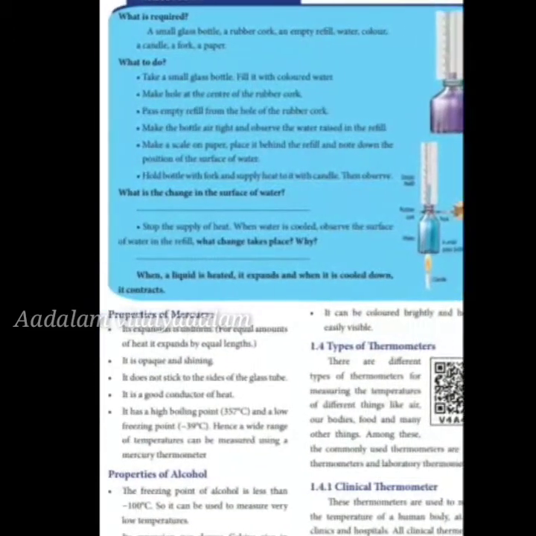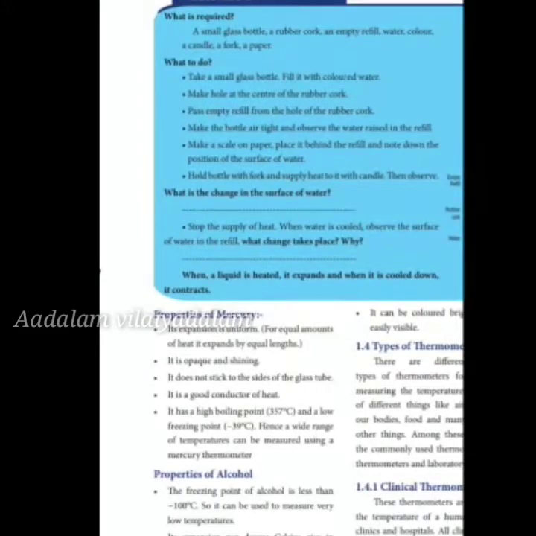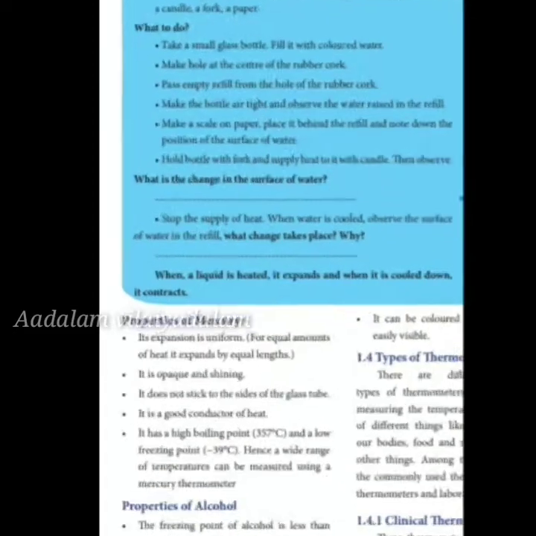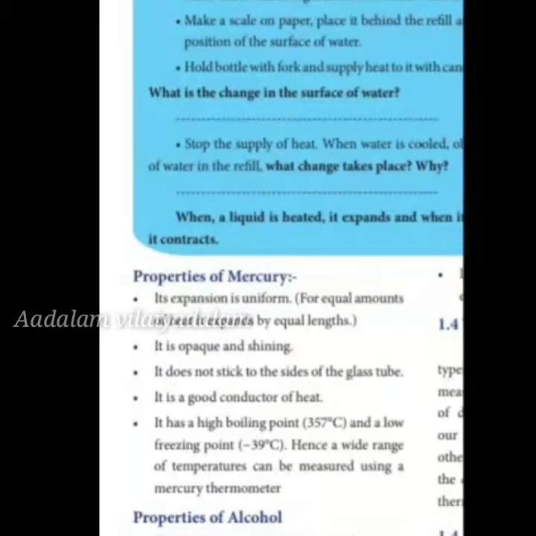Now you are going to see the properties of mercury. Mercury expansion is uniform. That is, for equal amounts of heat, it expands by equal lengths. It is opaque and shining. It does not stick to the sides of the glass tube.